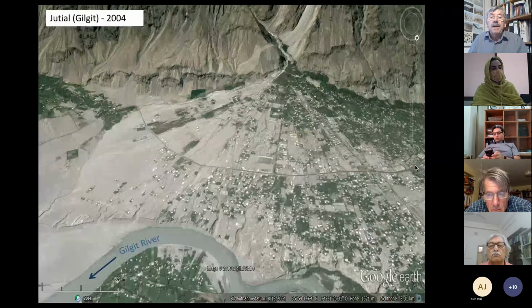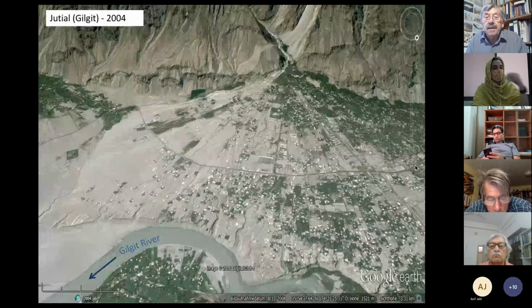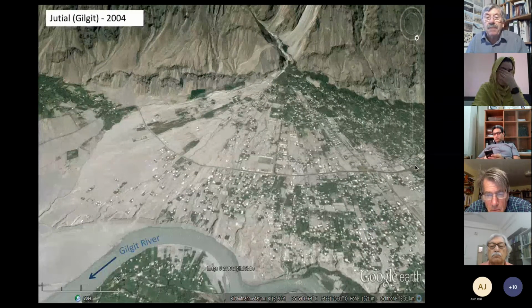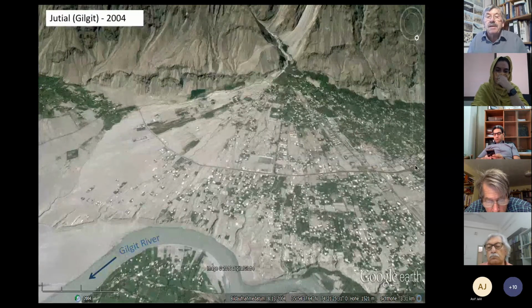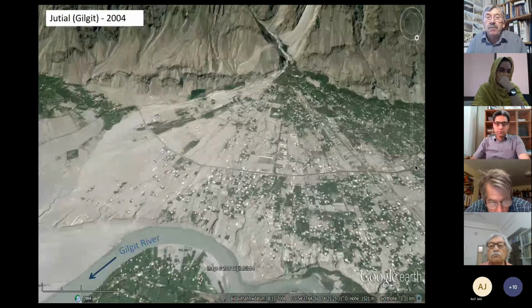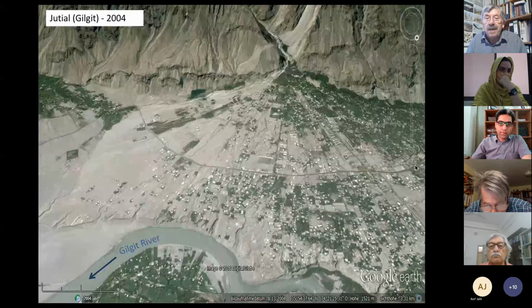Next, yes. Gilgit, very high up in the mountains. It's one of the centers now also for the Karakoram Highway, for the Pakistan-China economic corridor. It's a place which is rapidly growing. And you see here just one section of this town of Gilgit. It's called Jutial.